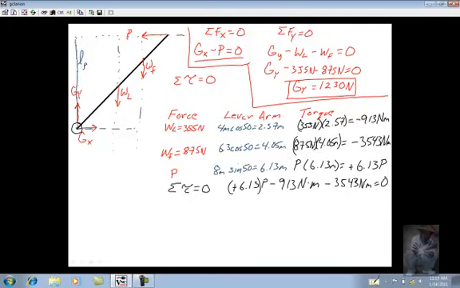In the interest of time, P ends up equaling negative 727 newtons. Does it come out positive? That's interesting.